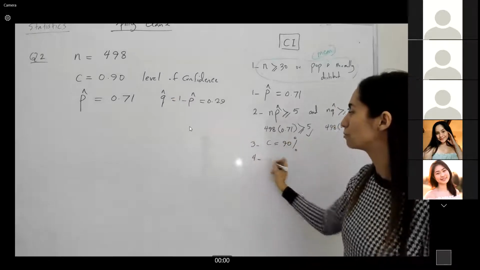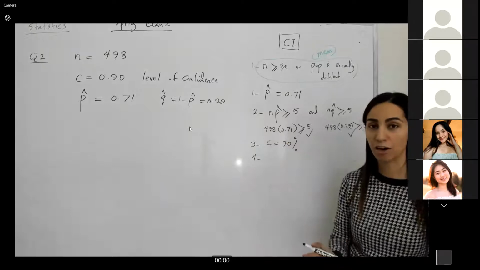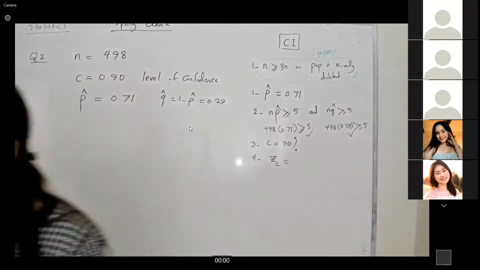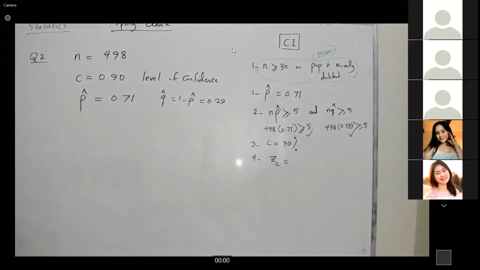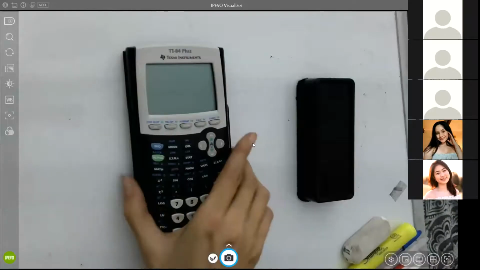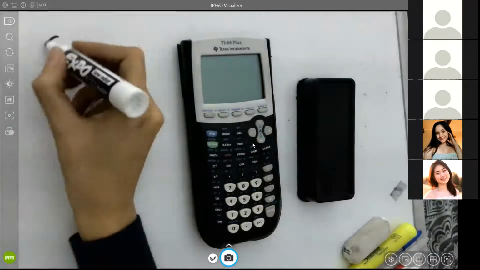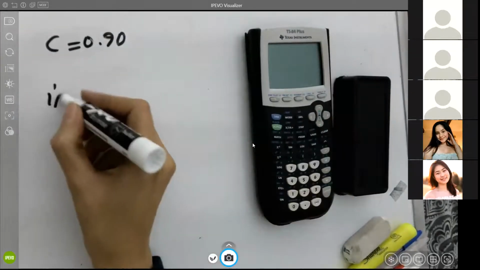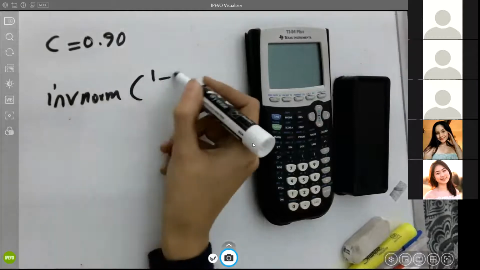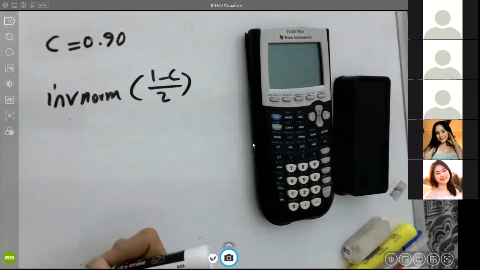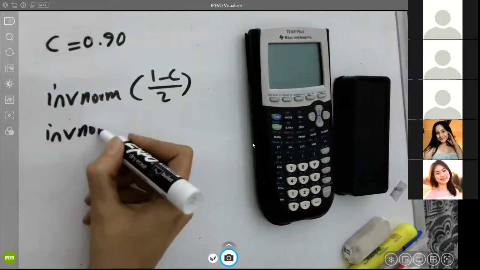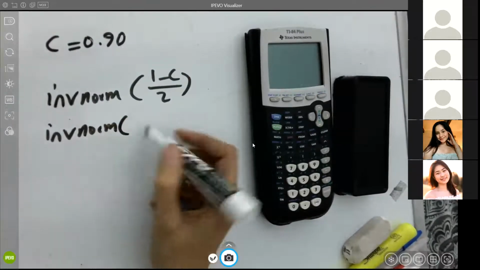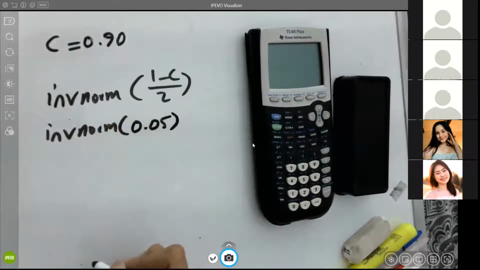So now we can move on to find critical value, ZC. To find critical value, you can use your calculator. C is 90%, so we need inverse norm. 1 minus C divided by 2. Inverse norm, 1 minus C, 1 minus 90%, 10%, divided by 2 is 5%.